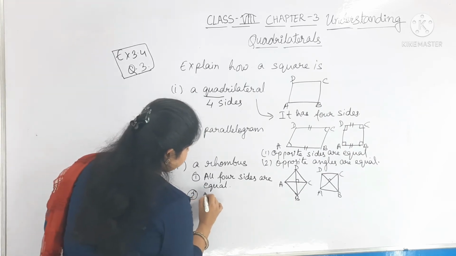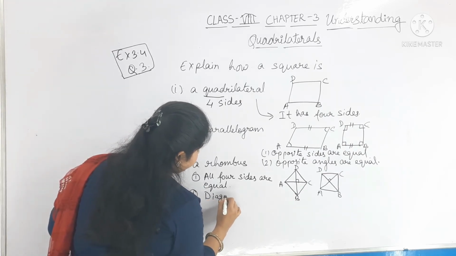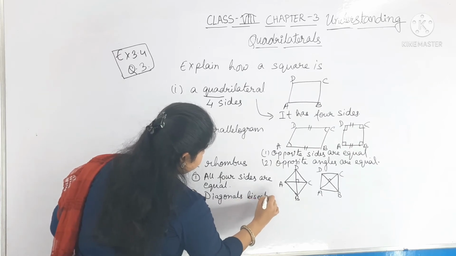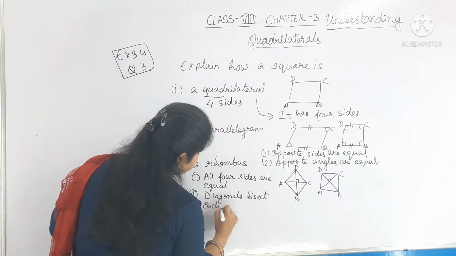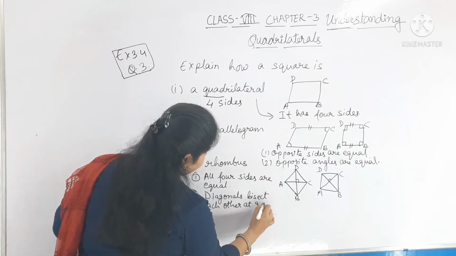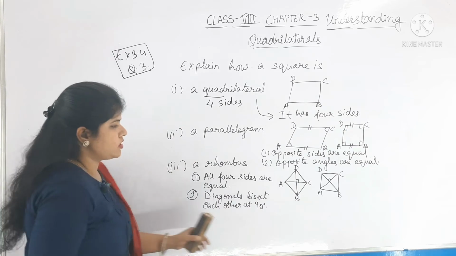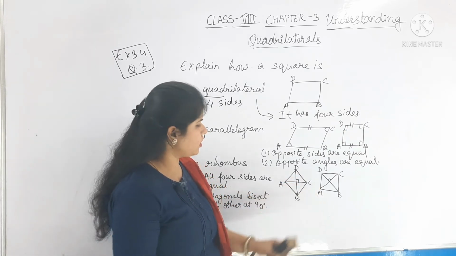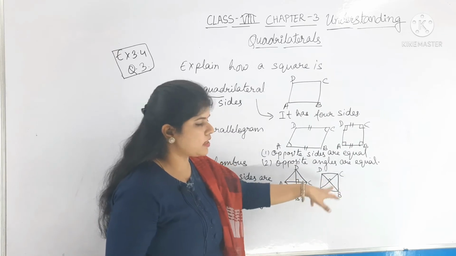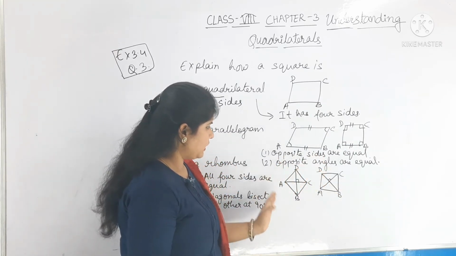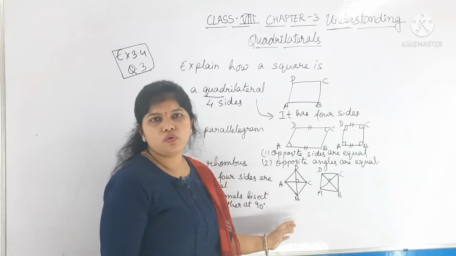Number two is diagonals bisect each other at 90 degrees. The diagonals BD and AC bisect at 90 degrees here, and here also BD and AC bisect at 90 degrees. So this is a square. In this way, a square is also a rhombus.